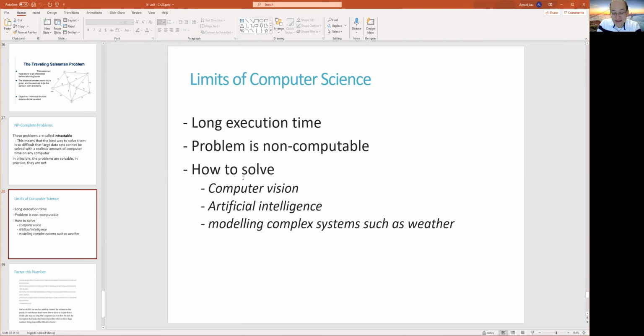Maybe at some point some of these things get addressed with things like quantum computing. But here are some particular topics that are very wide open to try to solve: computer vision, artificial intelligence, modeling complex systems like weather.